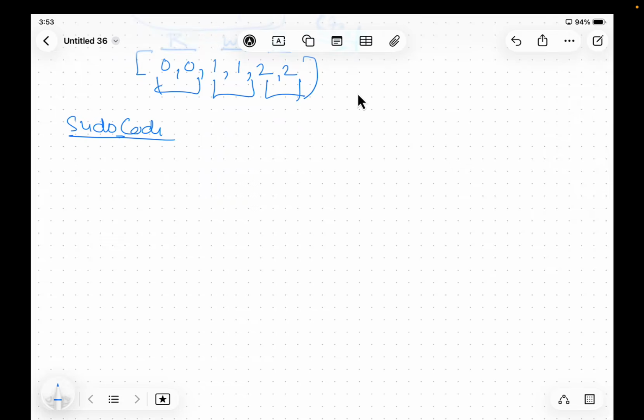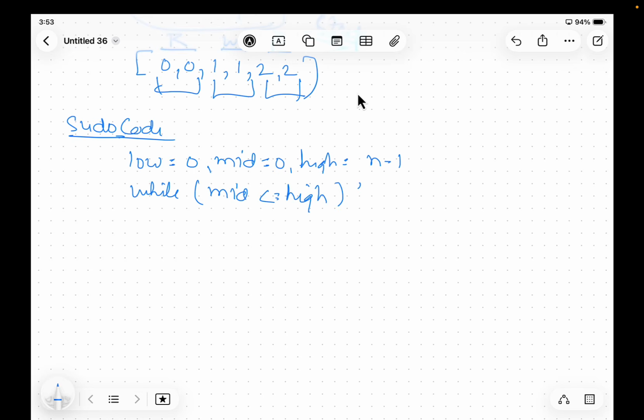So initially we initialize some variables, some pointers. Okay, so low was 0, mid was also 0, but high was n minus 1, where n is the length of the given array. So while mid is less than or equal to high, our loop will continue. So if nums of mid is equal to 0, then what to do?